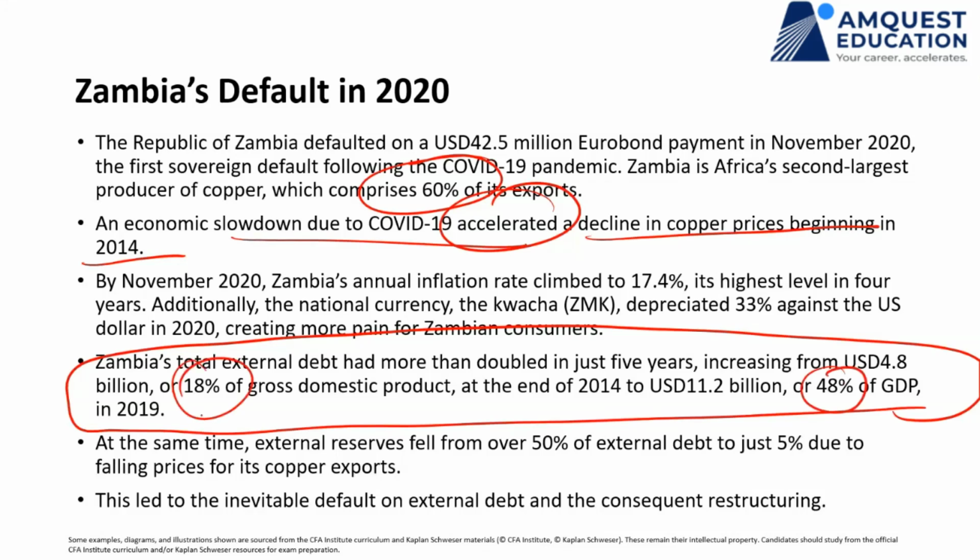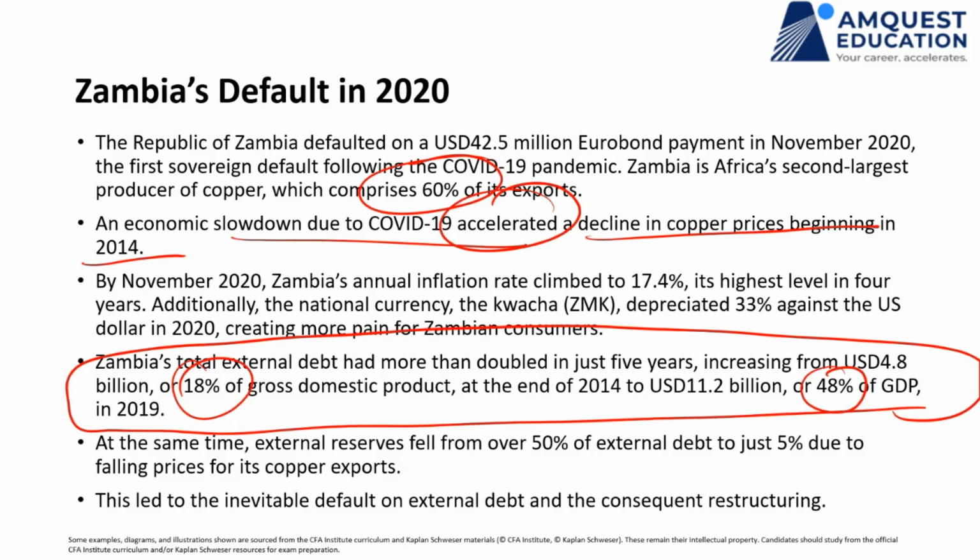However, when you look at US debt to GDP numbers, you'll just laugh this out, that okay, 48% is very reasonable because the US has its own debt to GDP ratio of more than 100%. So sometimes I think these numbers should also be looked at in context, but the idea is the US is more stable as an economy. It has a lot of other things working for it. While Zambia is a frontier market, it's not even an emerging economy, it's a frontier economy, which makes the problem slightly more magnified.